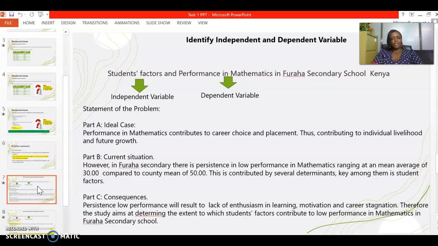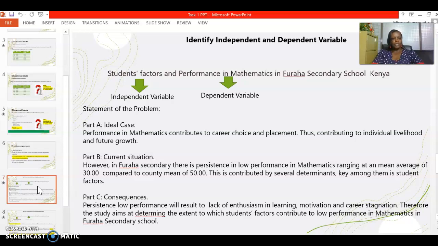And here we are saying persistent low performance will result to lack of enthusiasm in learning, motivation, and career stagnation. And therefore, the study that we are conceptualizing is aimed at determining the extent to which student factors contribute to low performance in mathematics in Furaha Secondary School.